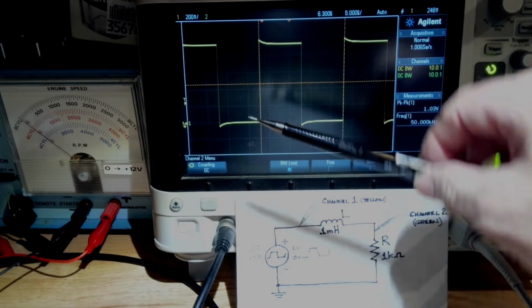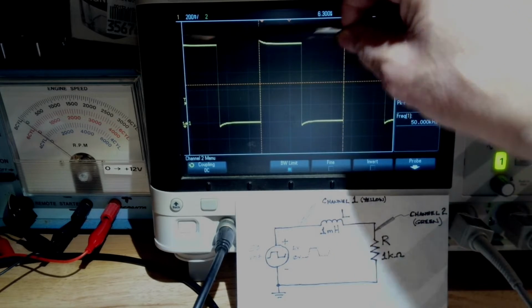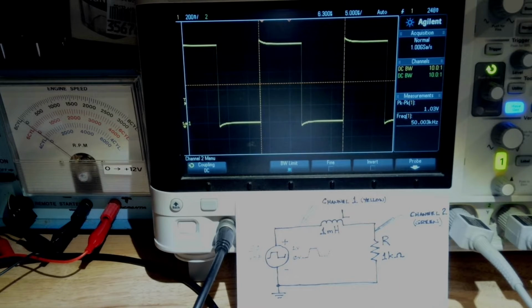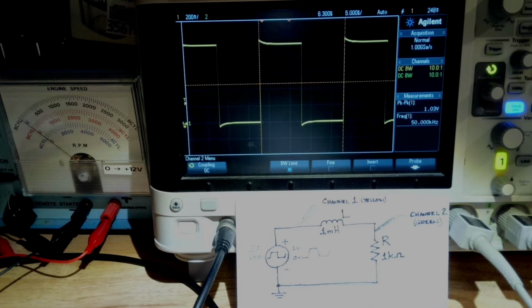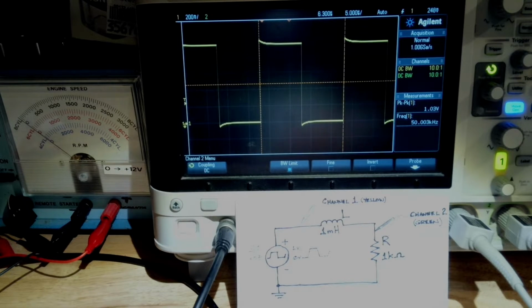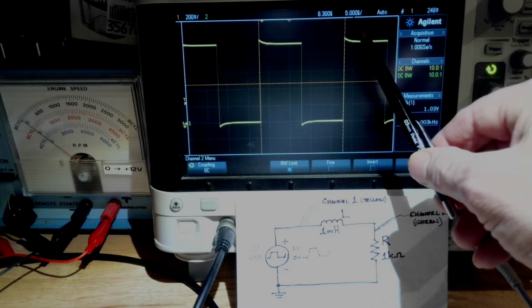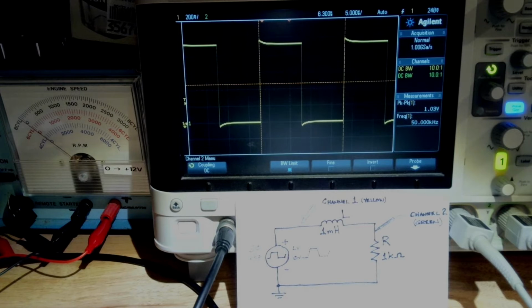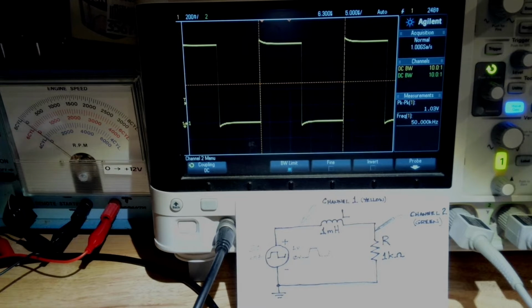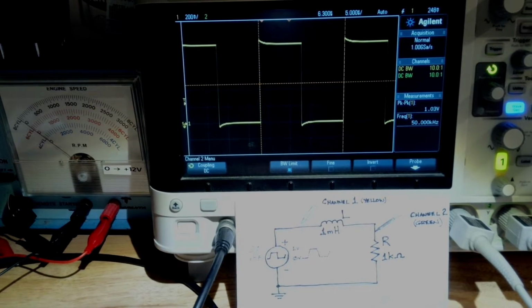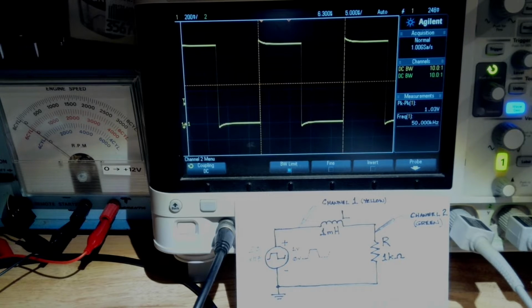The peak-to-peak voltage, as we say, from here to there is 1 volt. It says 1.03 volts. And then this little notation up here, it happens to say 5.000 microseconds. So each of these divisions is 5 microseconds.